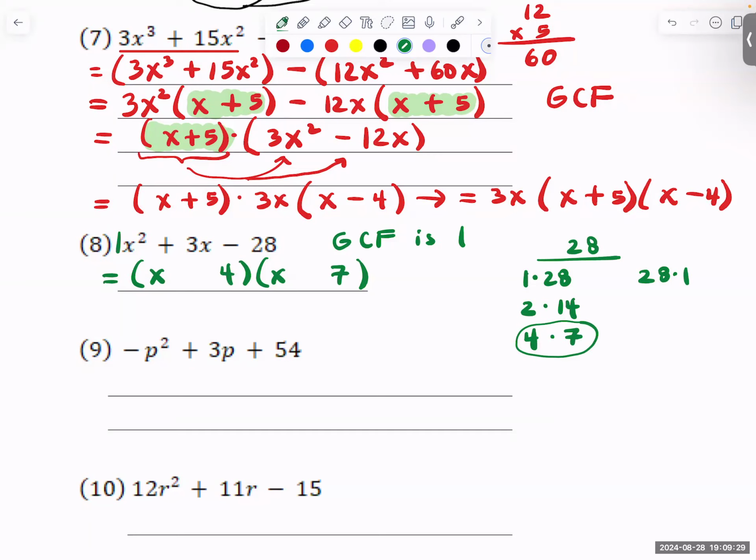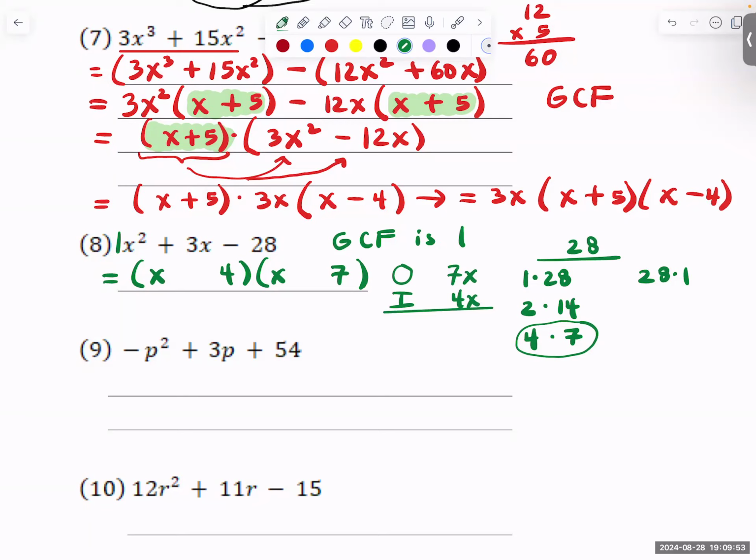And now we mentally think of the correct signs or have a method and work it out. When you FOIL, the outer product, O for outer, is 7 times x. The inner terms, 4 times x. Now we have the like terms, 7x and 4x.